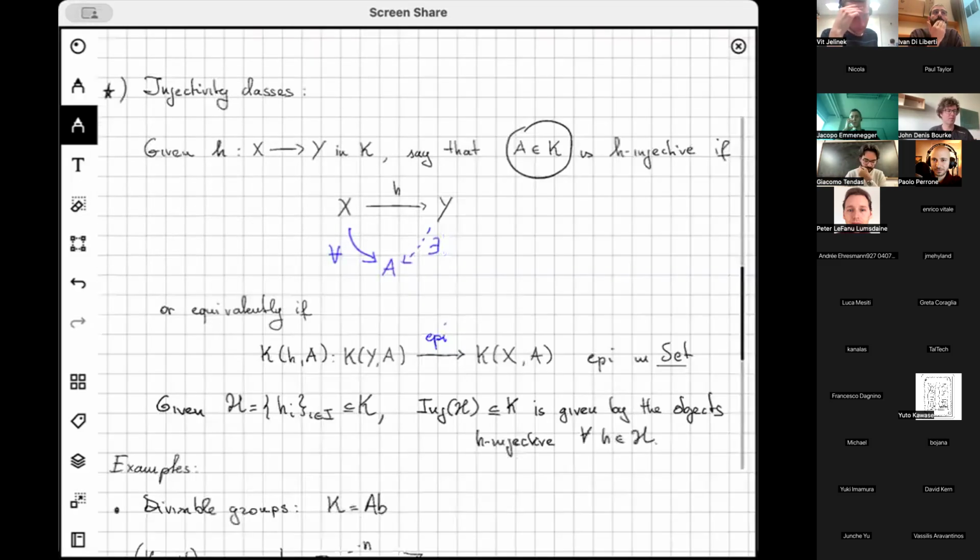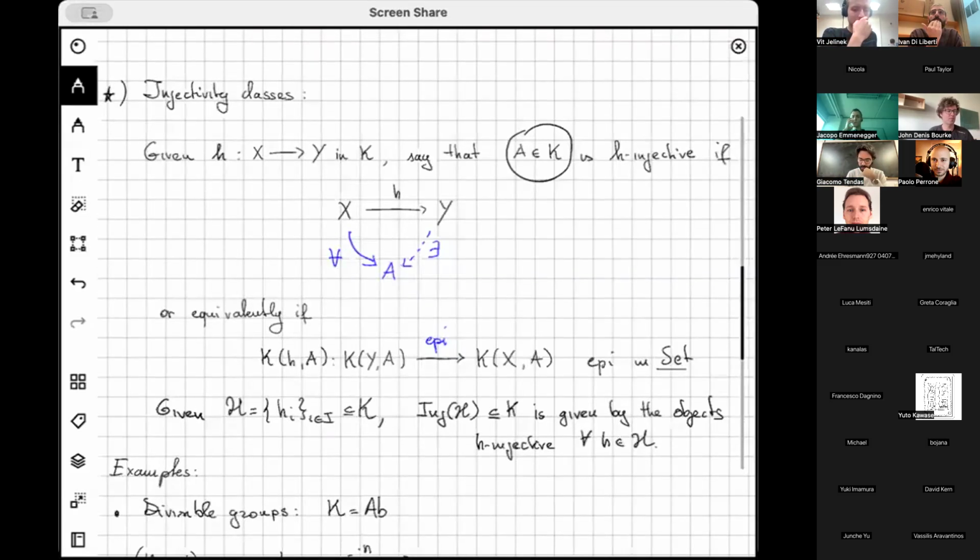And now an injectivity class is just the collection of all objects that are injective with respect to a certain class of morphisms. And now we'll see a few examples to make things more concrete.